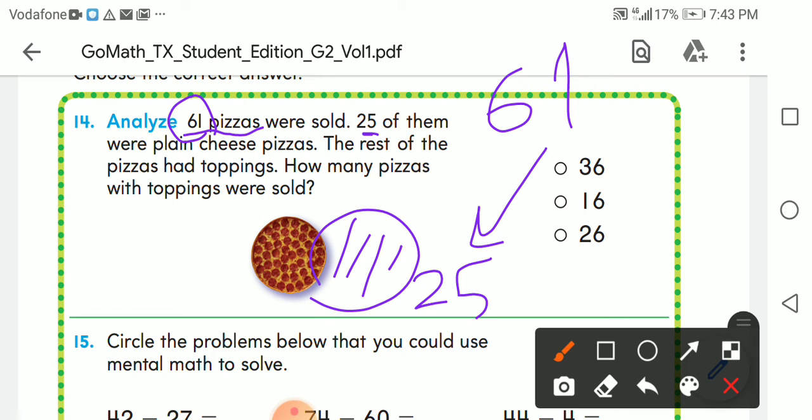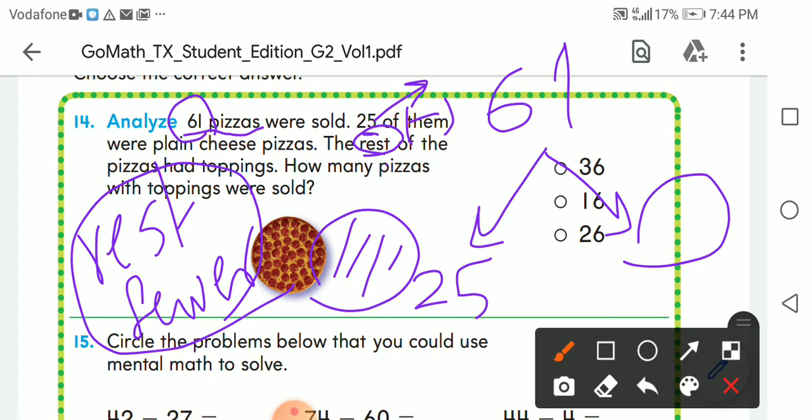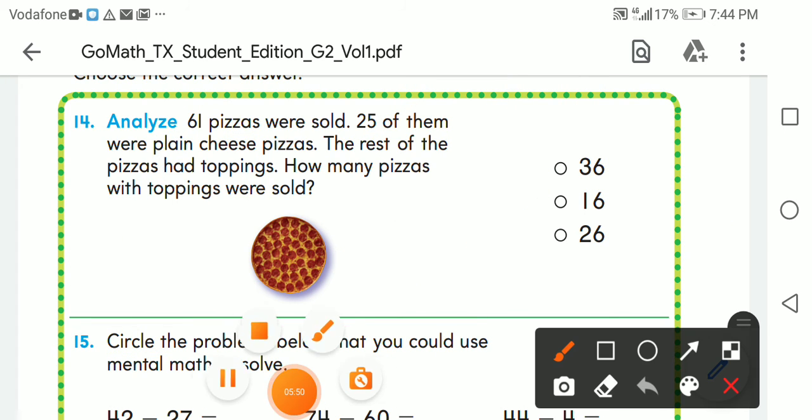And the rest of the pizzas had toppings. Please underline or circle the word rest and write subtraction, minus, on it. So we have rest and fewer, the remainder. All of this refers to subtraction. So I have here 61 minus 25, because he asks me about the remainder.